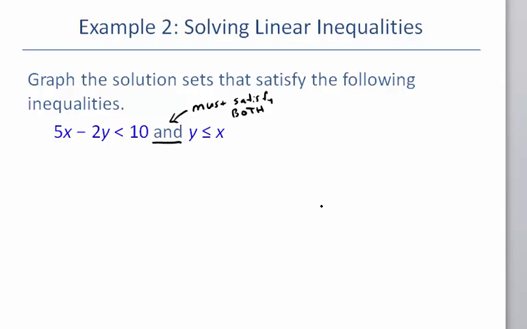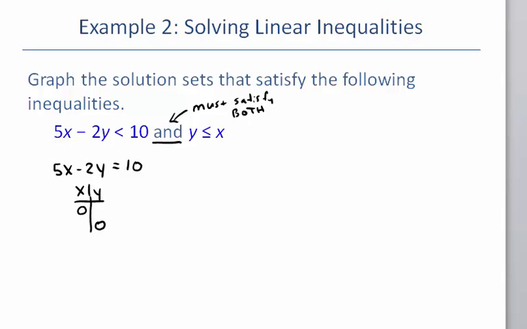So let's begin with 5x minus 2y is less than 10. Remember that we have discussed how we want to begin by setting it equal instead of less than. So 5x minus 2y is equal to 10, and we want to do a table of values with at least 2 points. Often you will find your x and y intercepts to be easy points to calculate.